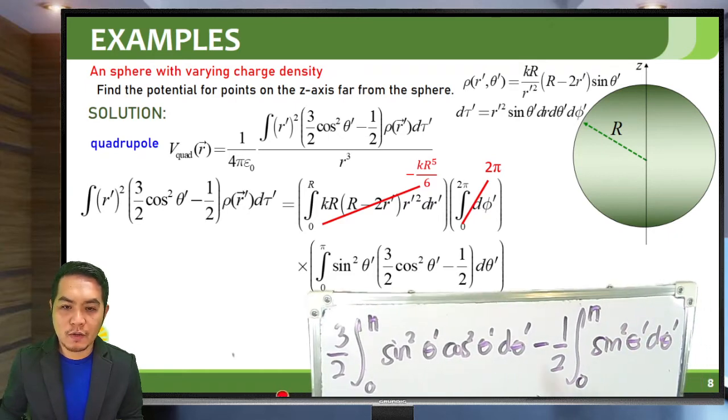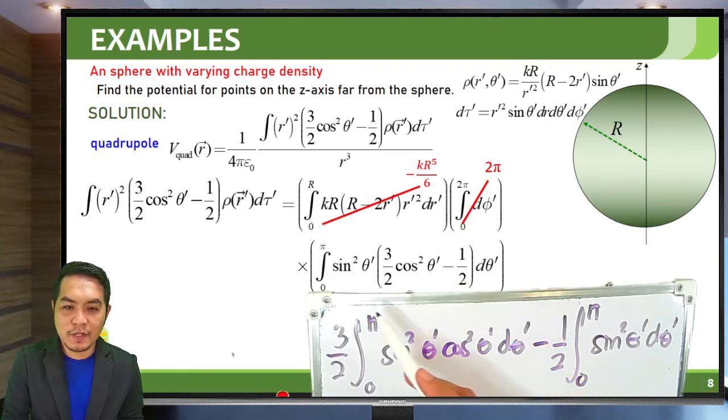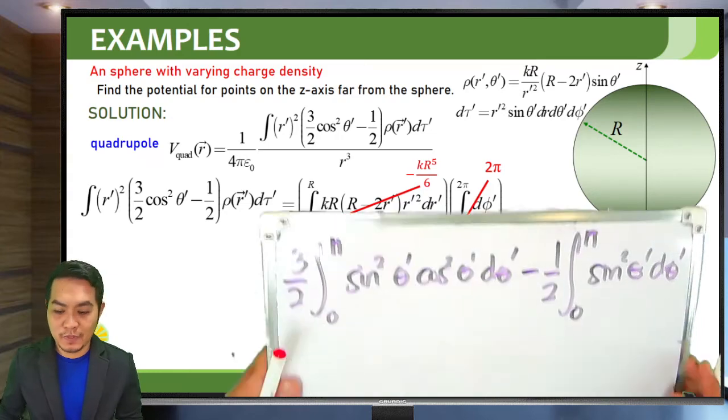So this is now the expanded version of our theta prime integral.